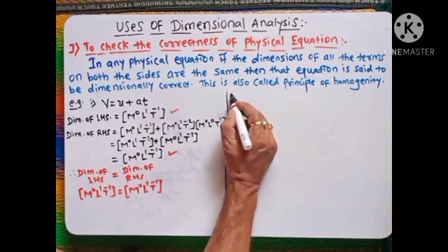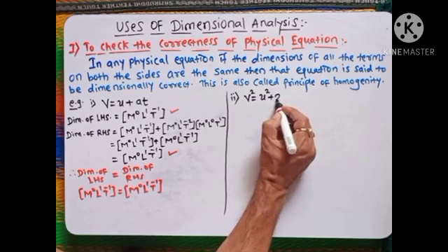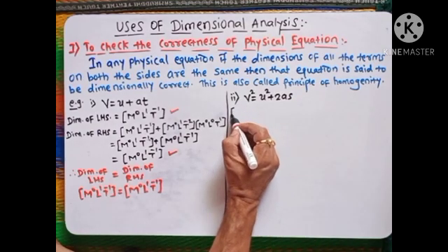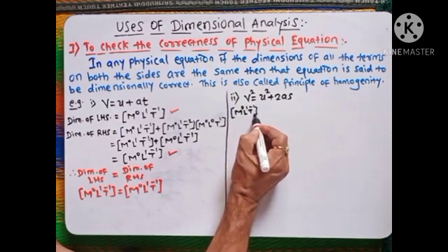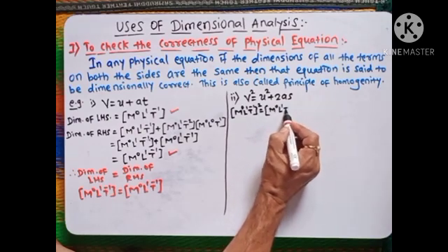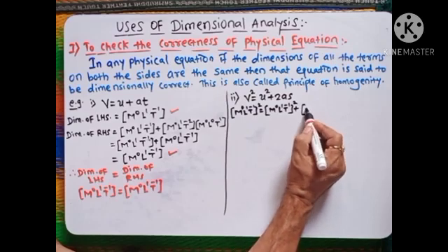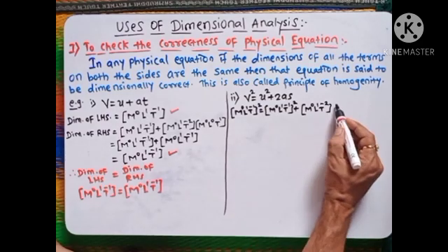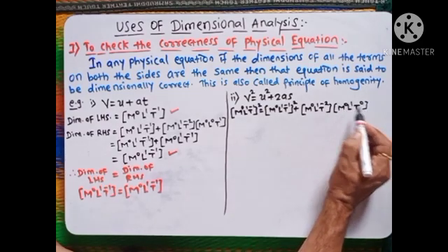Suppose we consider the second kinematical equation. You know, V square is equal to U square plus twice AS. Here V is final velocity, so M0 L1 T minus 1, equals M0 L1 T minus 1, plus M0 L1 T minus 2 for acceleration and M0 L1 T0 for displacement.